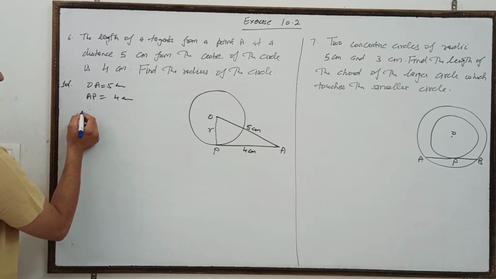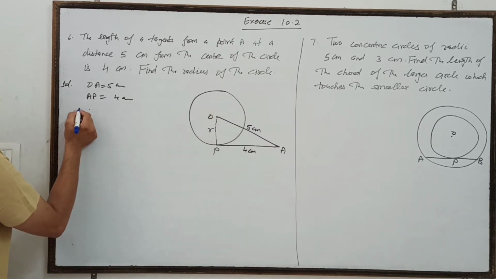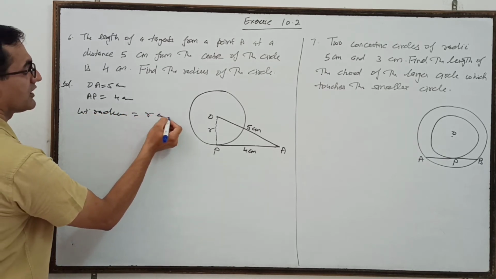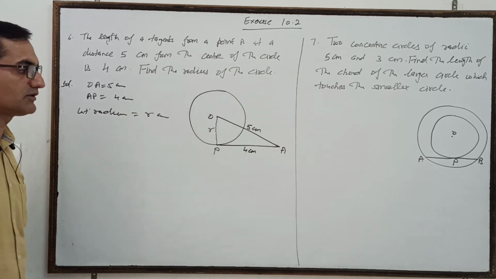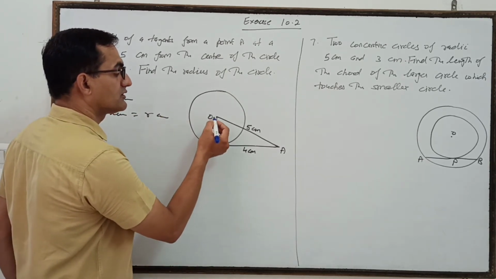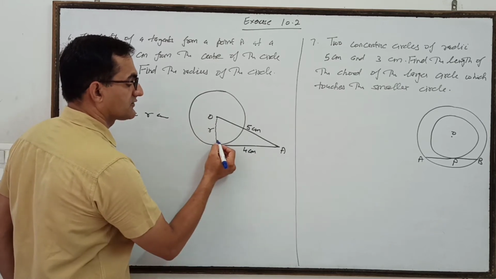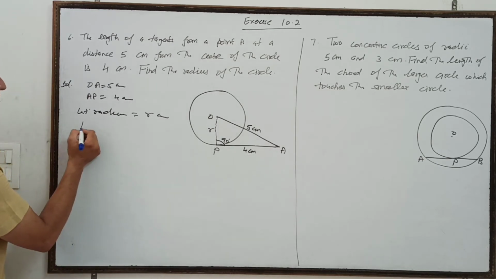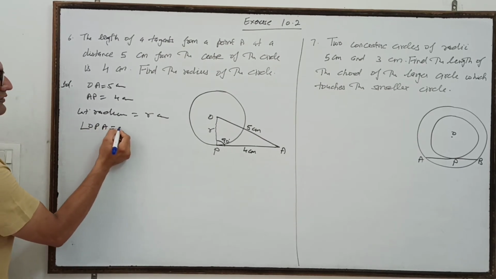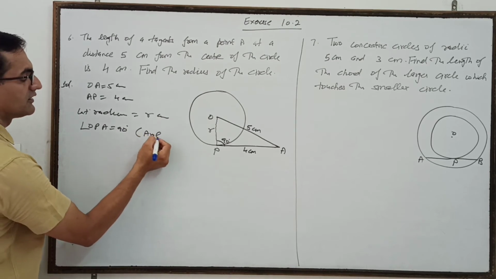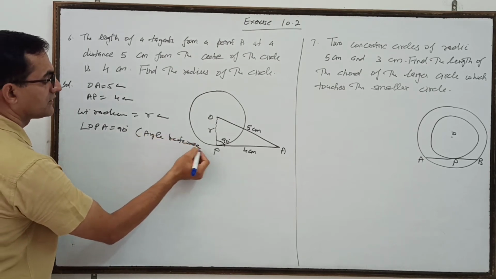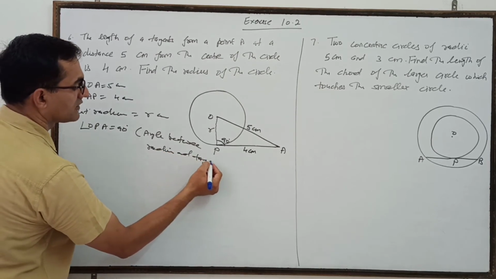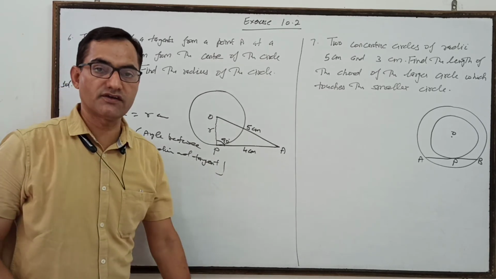We have to find, let radius equal to r centimeter. Now, what we know? The angle between radius and tangent is always 90 degrees. So angle OPA is equal to 90 degrees.